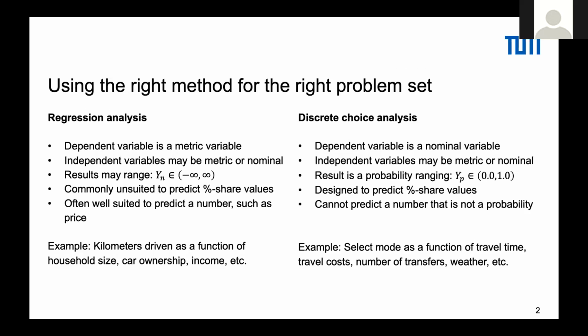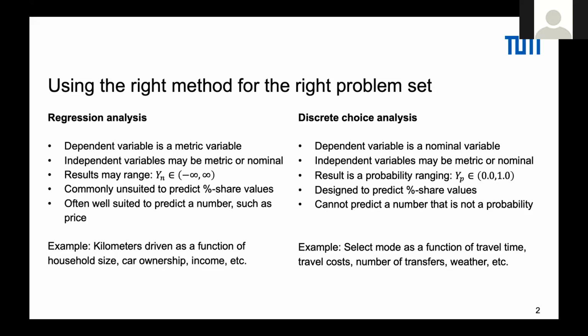What we talked about last week was the difference between regression analysis and discrete choice analysis. I simply summarized it here in one simple slide again. In regression analysis, the dependent variable is a metric variable. So it's something that's a number.